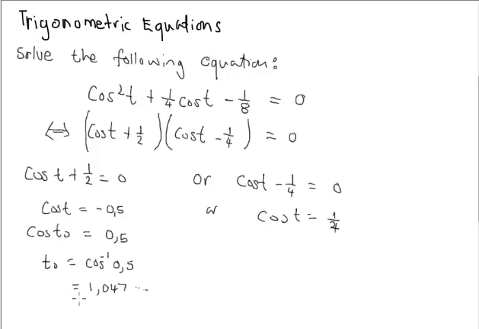So now, if you want the angle where cosine is positive, in the fourth quadrant, the other angle will be, giving the solution, therefore, t equals 1.047, or t equals 2 pi minus 1.047. Altogether. Then we can now come and solve this one also in a similar kind of way.